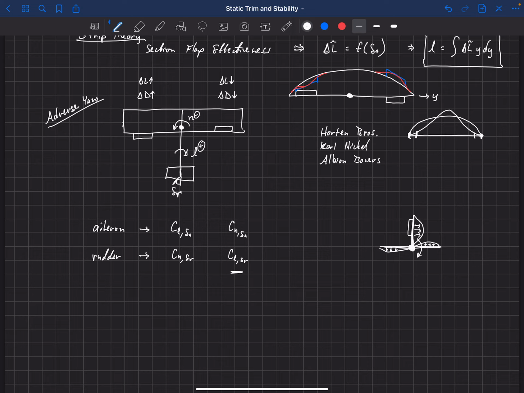So these interactions again are fairly complex, and I would suggest using a numerical lifting line tool or a vortex panel tool or something like that to predict these types of derivatives, or the change in rolling moment with respect to rudder deflection. But Phillips does have some estimates that you can use for an initial estimate.